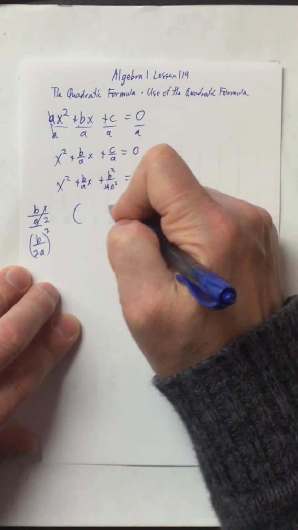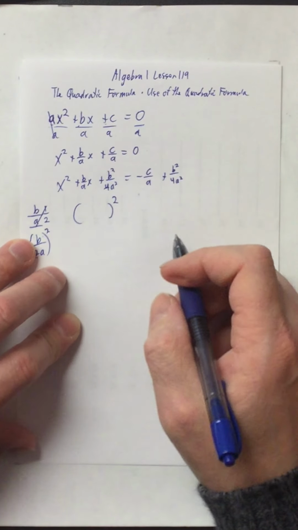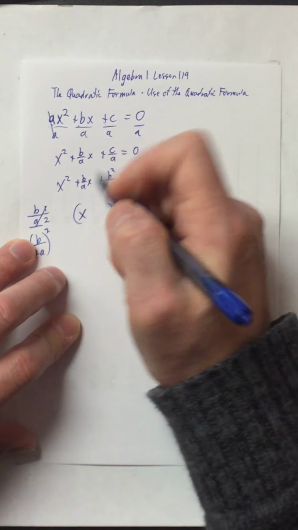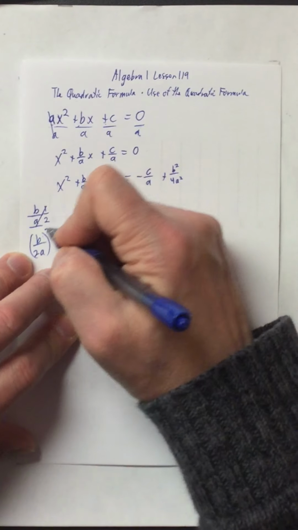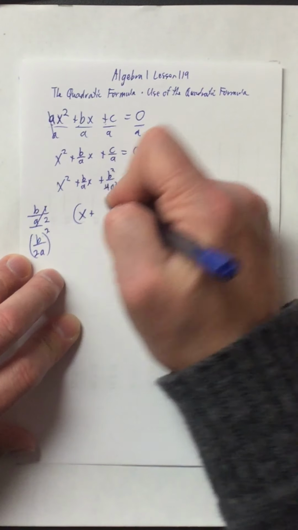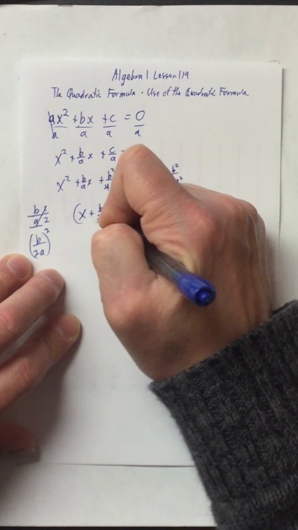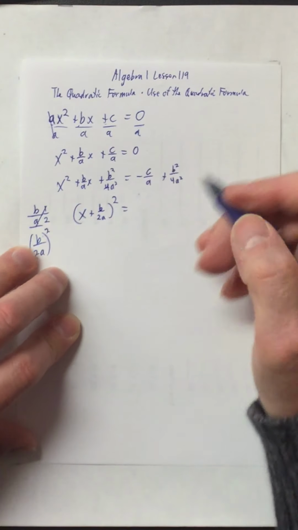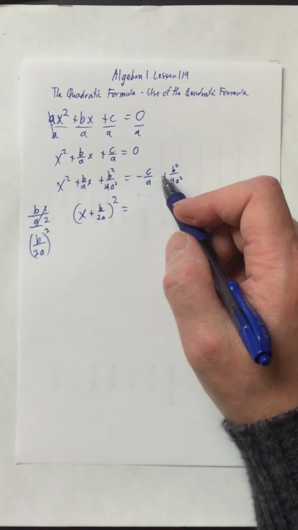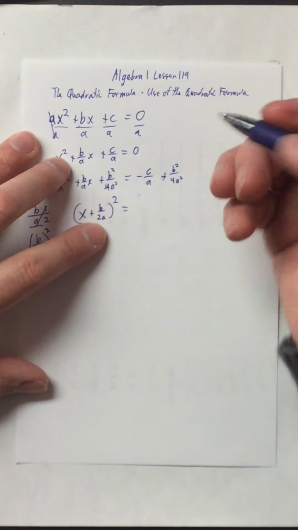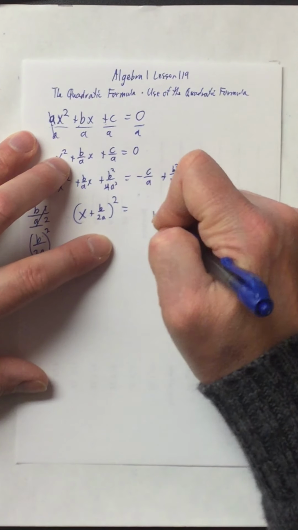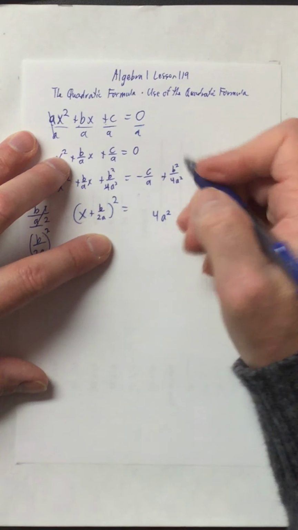All right, that makes this factorable. If you remember from lesson 118, we're going to get x and then plus, and then we write what it is before we squared it. So b over 2a, like that, equals here. To be able to add these, we got to get all the parts. So the new denominator is going to be 4a squared.